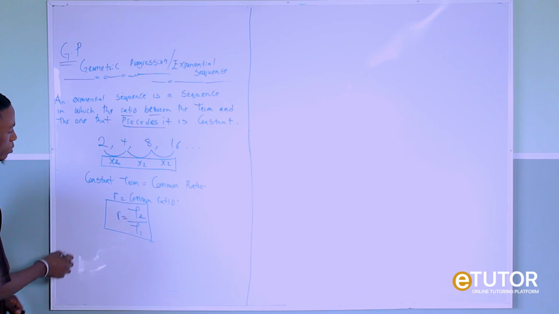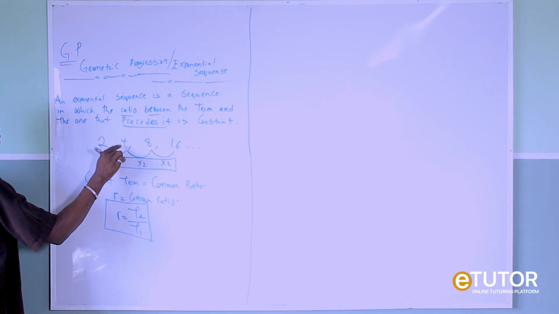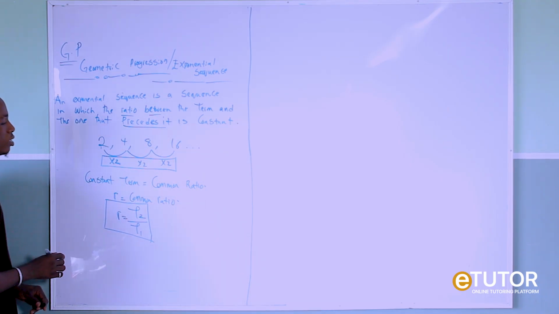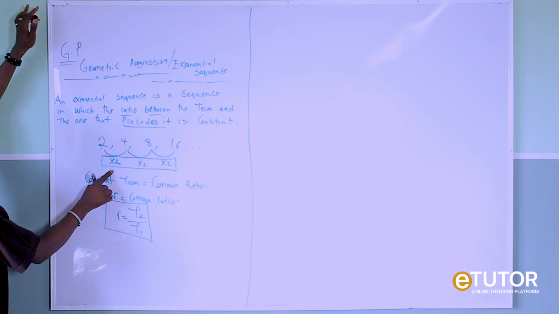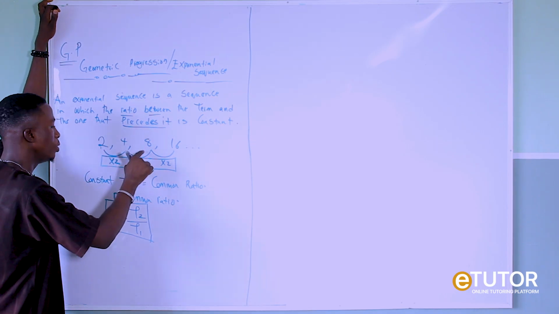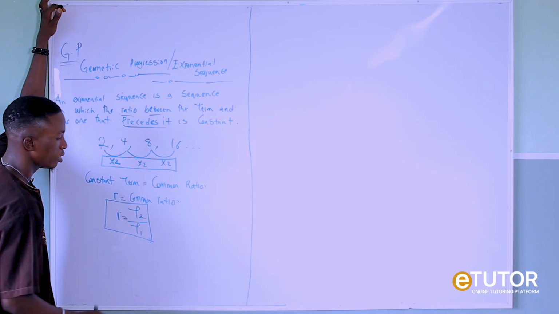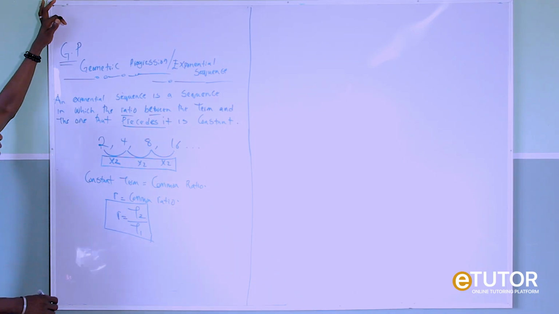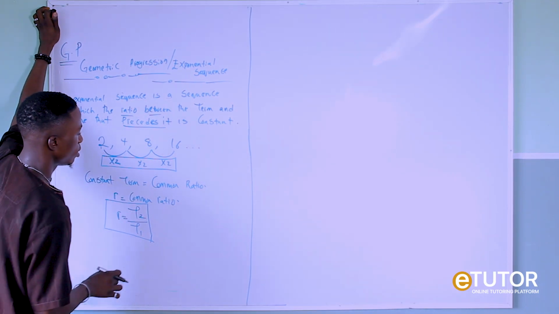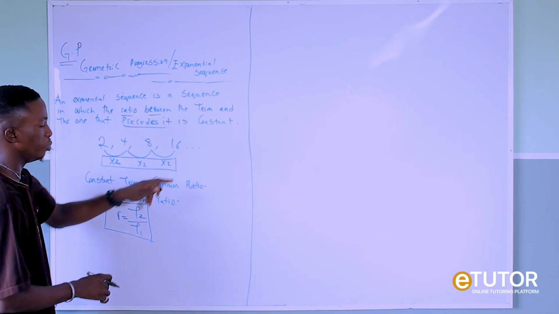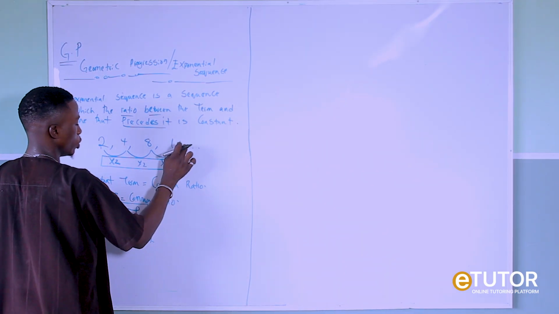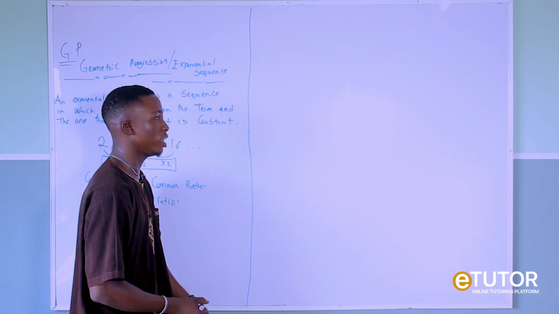Now, it started with 2, went to 4, 8, then 16. So how did 2 become 4? They multiplied by 2. How did 4 become 8? They multiplied by 2. How did 8 become 16? They also multiplied by 2. So the next term obviously will be 16 multiplied by 2. So we'll have 32 and so on and so forth.